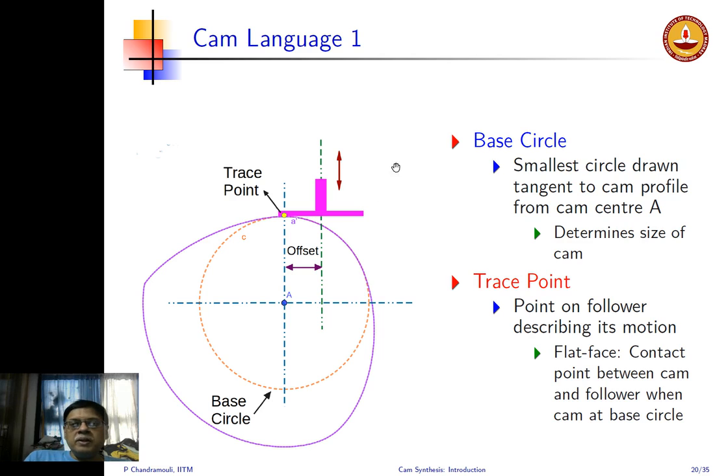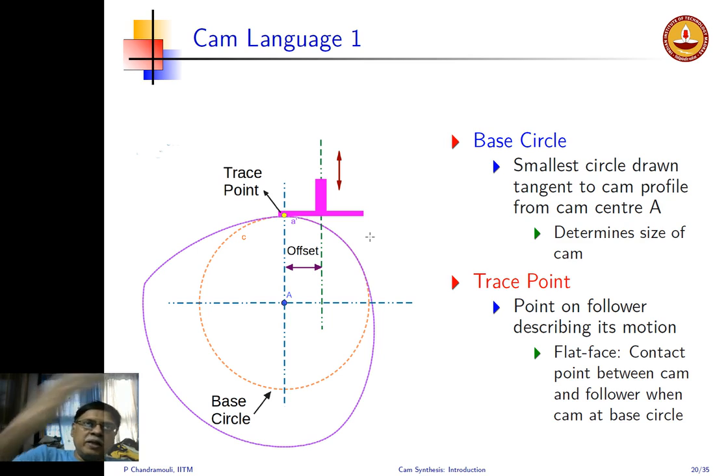In this particular case, I have a flat face follower, so you can see the face is flat. We describe the trace point. Now obviously any point on this follower is going up and down. But we are going to particularly define the trace point as the contact point between the cam and the follower when the cam is at the base circle.